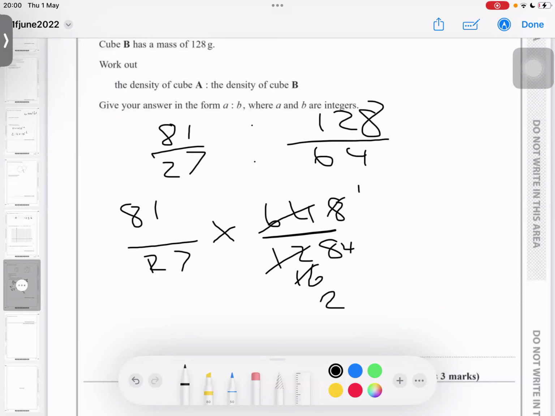For 27 and 81, you can do the same thing. You can use 9 for 27 and 81. 9 in 27 is 3. 9 in 81 is 9. Nice one. And 3 in itself is 1, and 3 in 9 is 3.